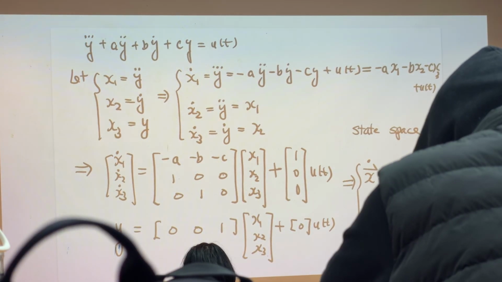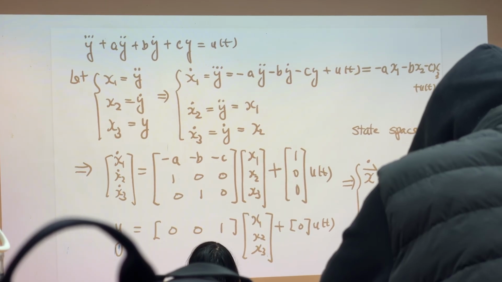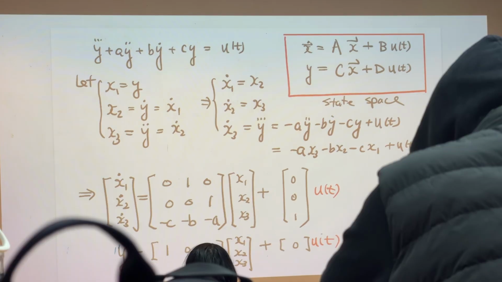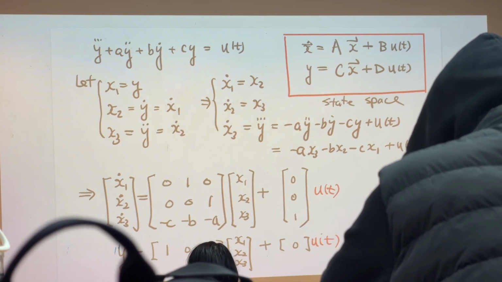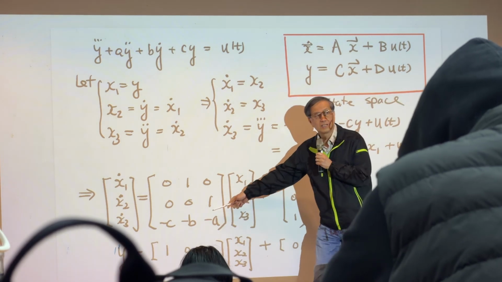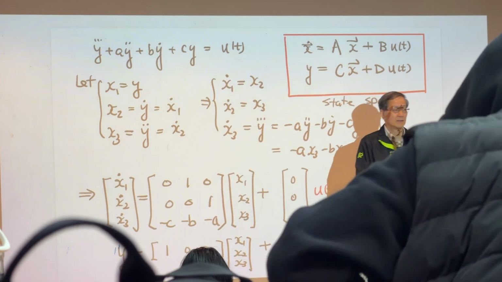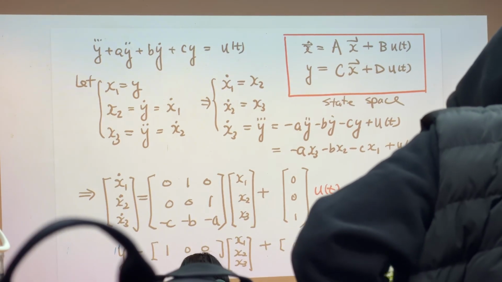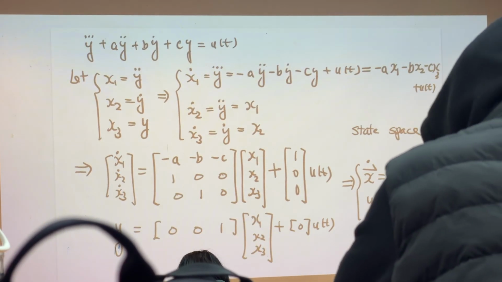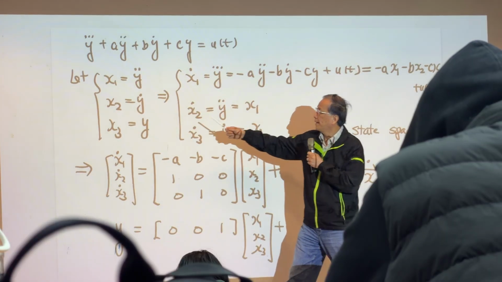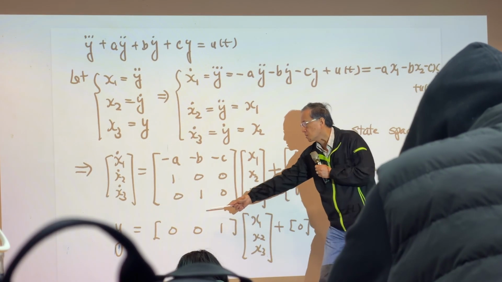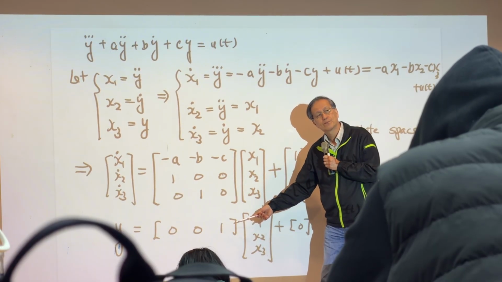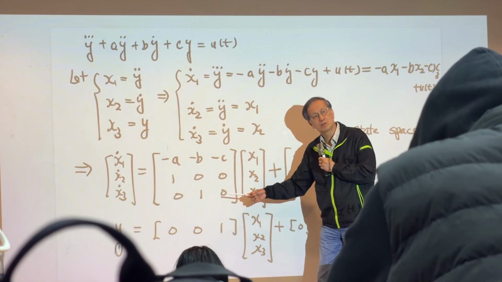Let's make a comparison. This A matrix here is minus a, minus b, minus c on the top row, but the previous one is minus c, minus b, minus a at the bottom. See, this is a little bit different, right? Also look at the C. C is also different. Because now x3 equals y, y needs to be equal to x3, so C becomes 0, 0, 1. Previously it was 1, 0, 0, right?